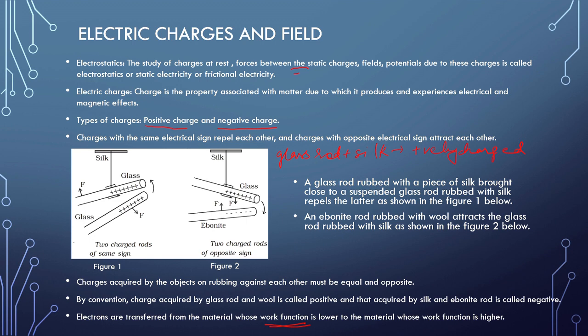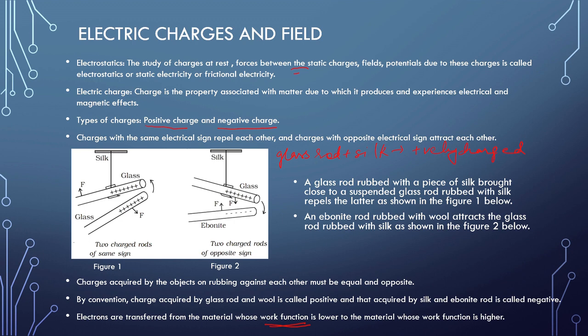So when you rub the two objects together, the glass rod and silk, the energy required for the glass rod to give away its electrons is lower as compared to the energy required by the silk cloth. That is why it gives away electrons, and when a body gives away electrons, it becomes positively charged, and the other body which gains electrons becomes negatively charged. So in this process, the glass rod becomes positively charged and silk becomes negatively charged.